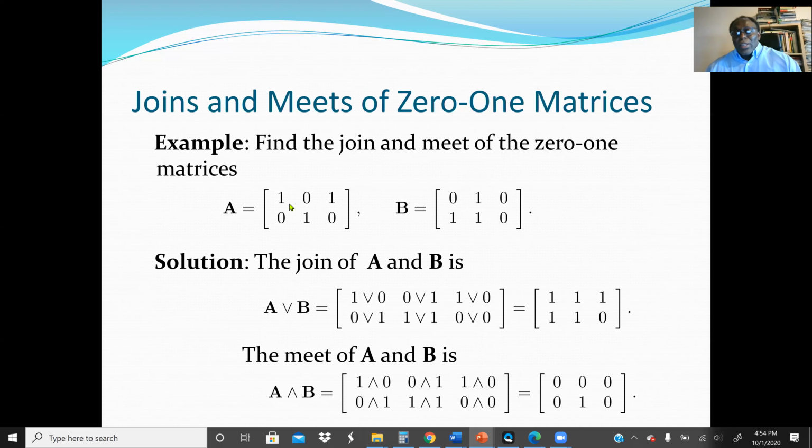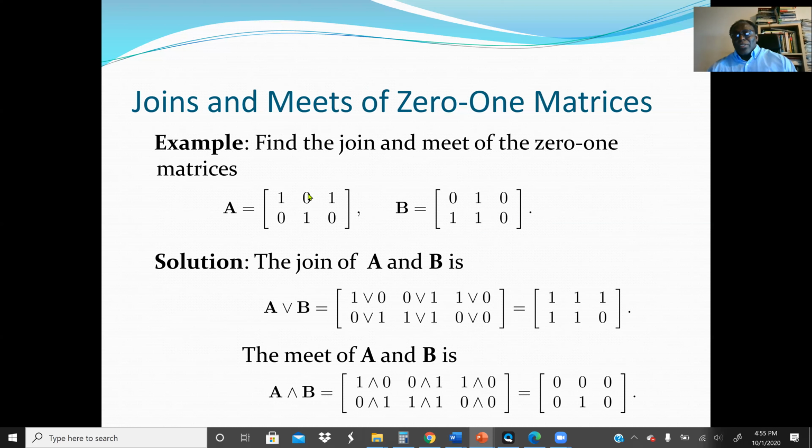So 1 disjunction 0 in the same position, then 0 disjunction 1, then 1 disjunction 0, then 0 disjunction 1, 1 disjunction 1, 0 disjunction 0.